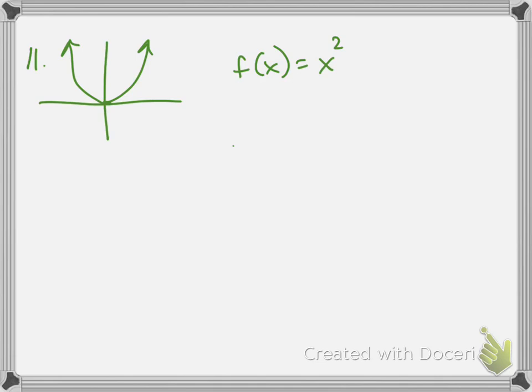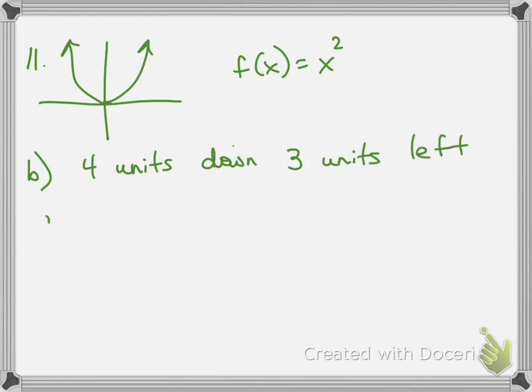Number 11. We've got the parent function graph. So we know we're dealing with f of x as x squared. For the B part, they want us to translate 4 units down and 3 units left. So this doesn't matter.